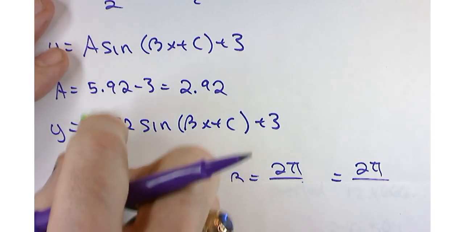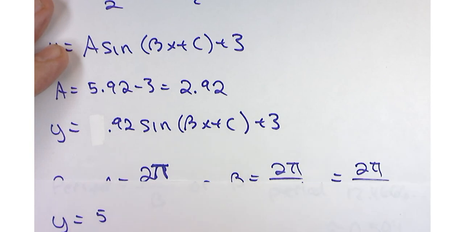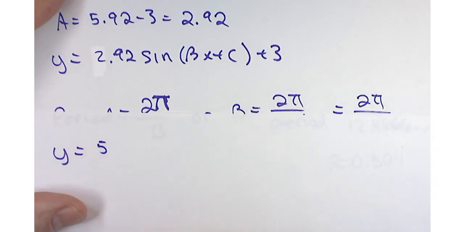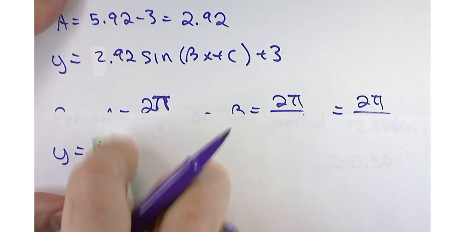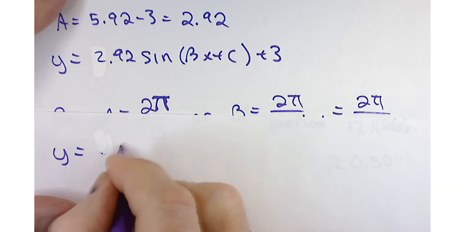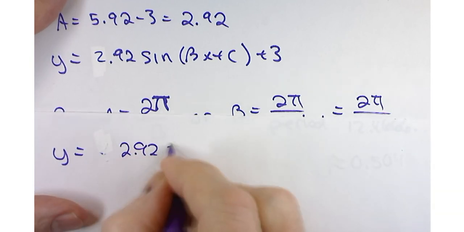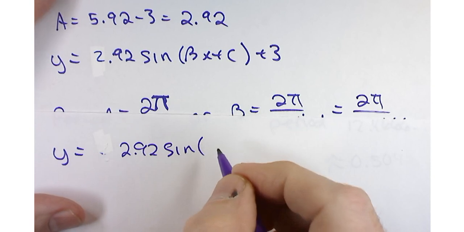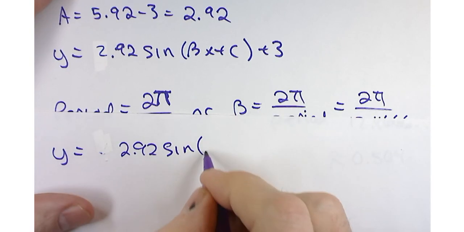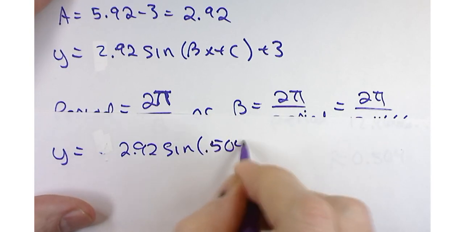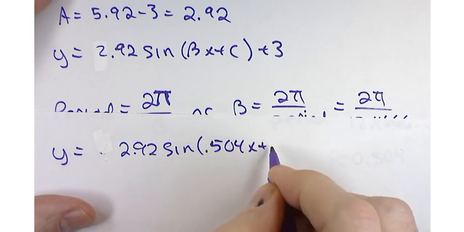A should be 2.92. Glad I caught that. 2.92 times sine of 0.504x plus c plus 3.